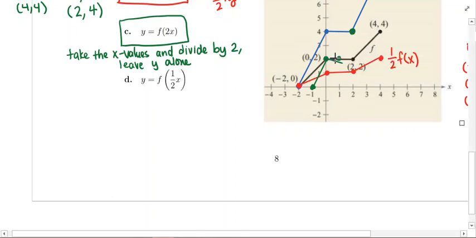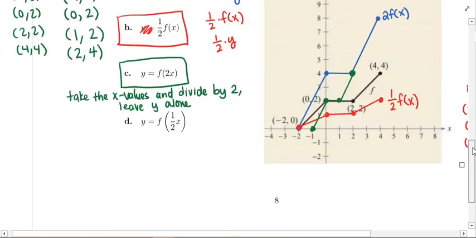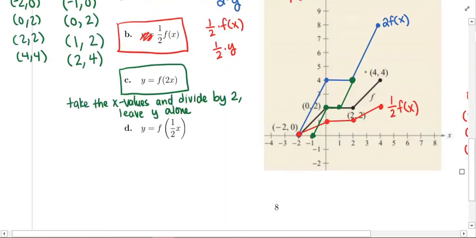So connect it here. And then lastly, we can take this point and connect it right here. Okay, and that's it. This green graph is the graph of f of 2x.